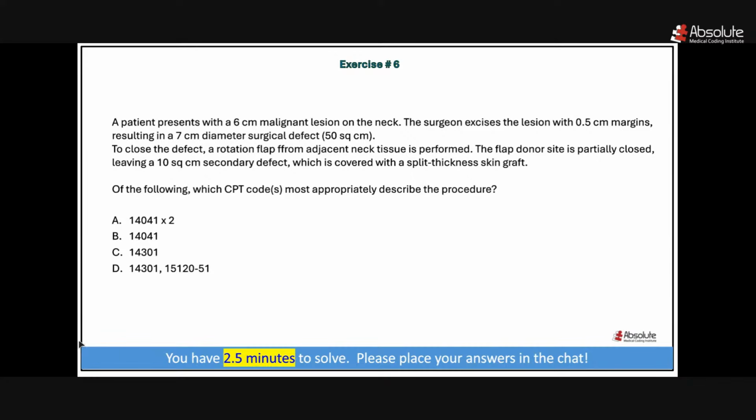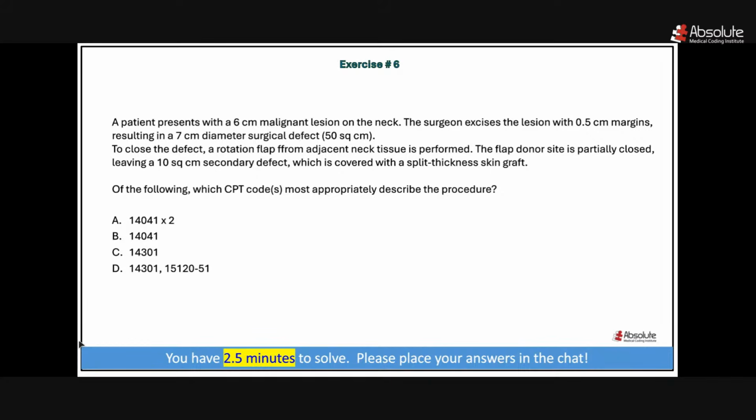The surgeon excises the lesion with a 0.5 centimeter margin, resulting in a 7 centimeter diameter surgical defect, that is 50 square centimeter. And to close the defect, a rotation flap from the adjacent neck tissue is performed, and a flap donor site is partially closed, leaving a 10 square centimeter secondary defect, which is covered with a split thickness graft. Of the following, which CPT code most appropriately describes the procedure?